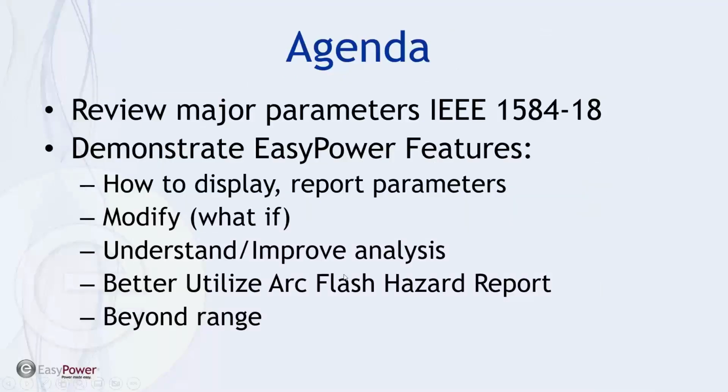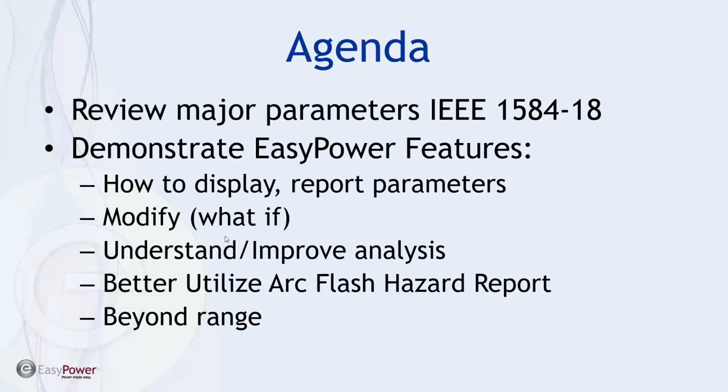Today, what we're going to do is talk about the major parameters of the 1584 2018 version, demonstrate EasyPower features on how to display and report parameters that are included or affected, how to do some modifications and some what-if type of questions, and potentially better understand or improve your analysis or use of the tools.